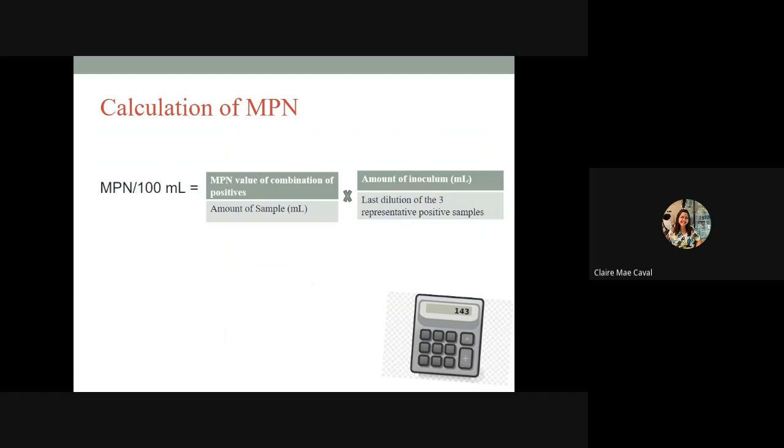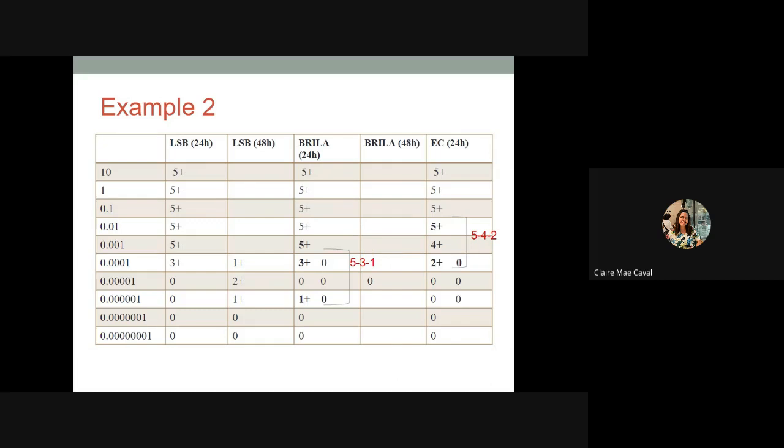That's 1.1 times 10 raised to the power of what? 6. Okay? That's 1.1 times 10 raised to the power of 6. So that's the correct answer: 1.1 times 10 raised to the power of 6 MPN, or most probable number per 100 ml.